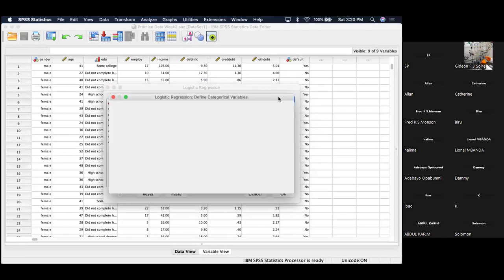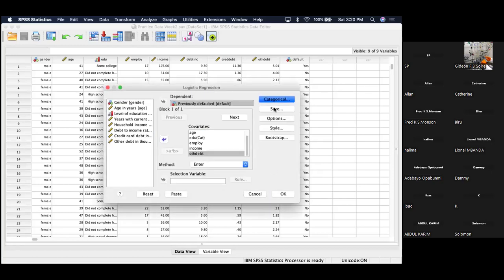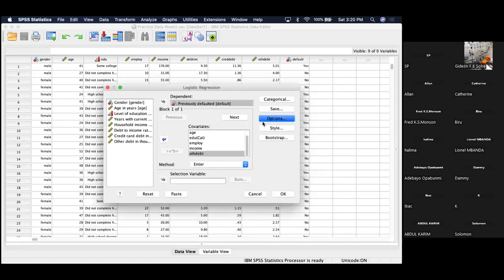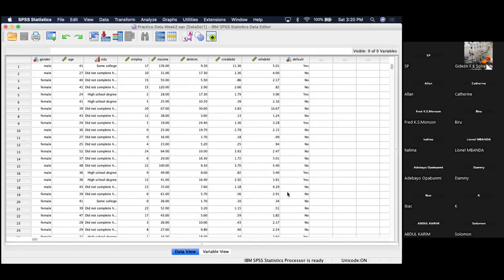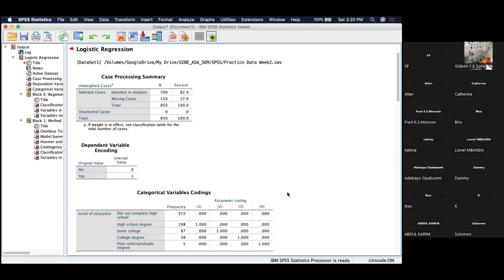If you have an independent variable that is categorical, you move it here. Then you click on change, you continue, you click on options, make sure that this is checked, and this is also checked. Then you continue, make sure this is enter, then you say okay. This time around, it didn't give me any error.